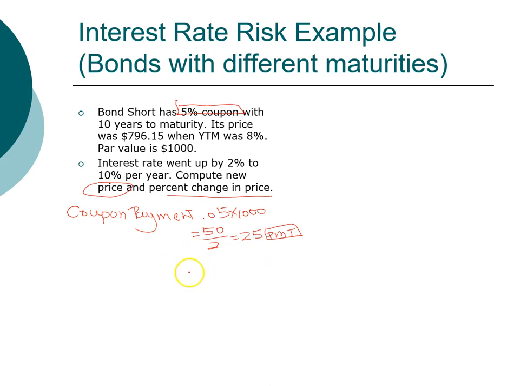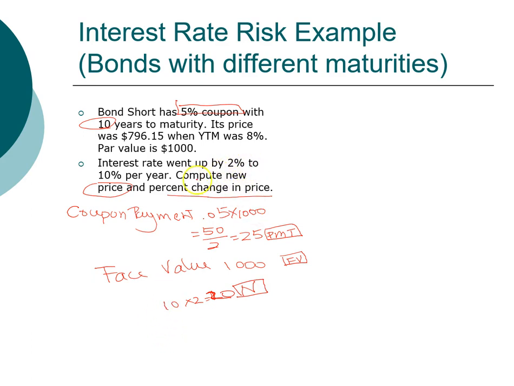And we have a face value of $1,000. We know that this bond has 10 years to maturity. So time to maturity is 10 times 2, so a total of 20 periods.